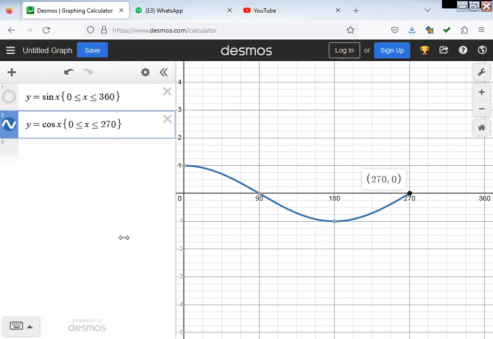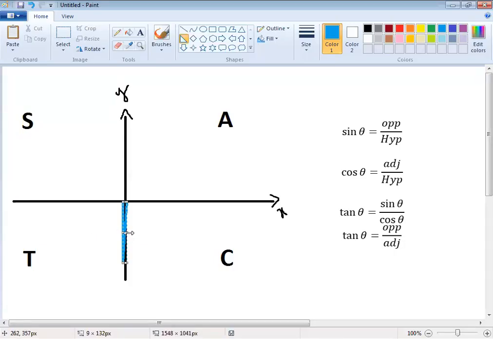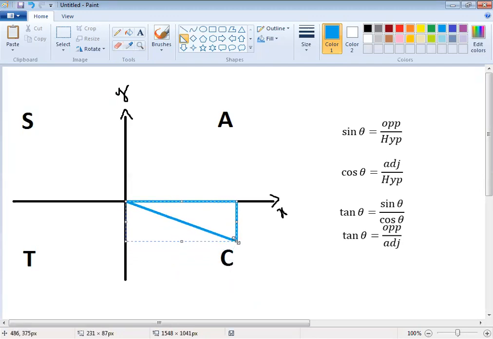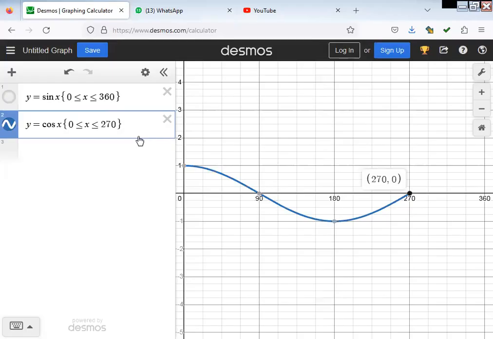And then what about adjacent and hypotenuse? Same हो गया. देखो यहाँ पहुंचते. So the value in both are positive. So the value will again become 1.